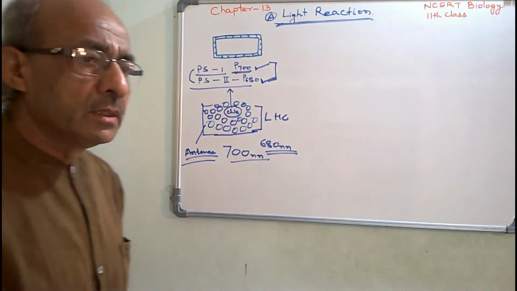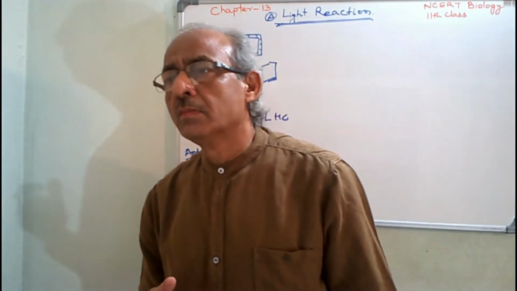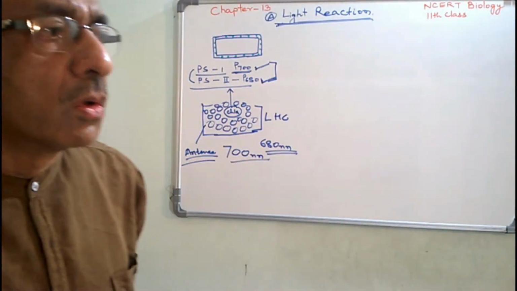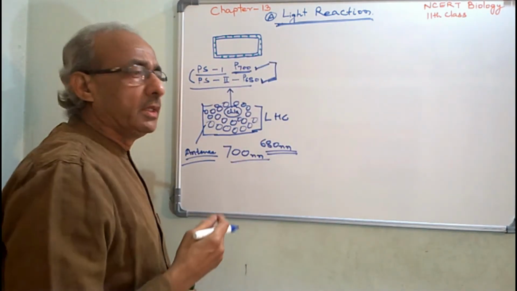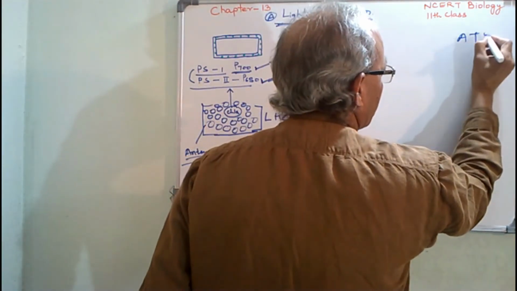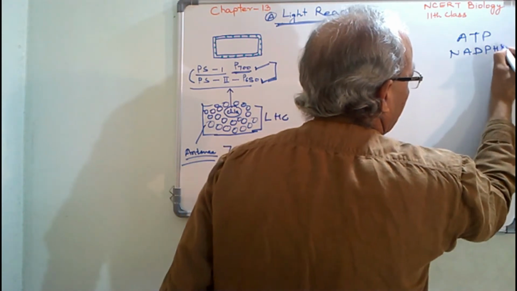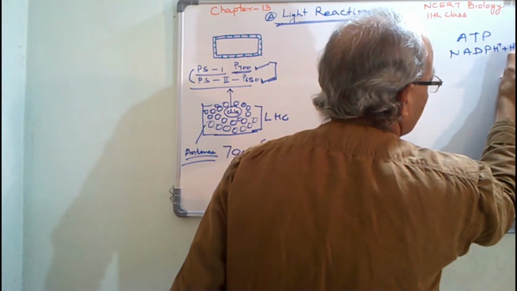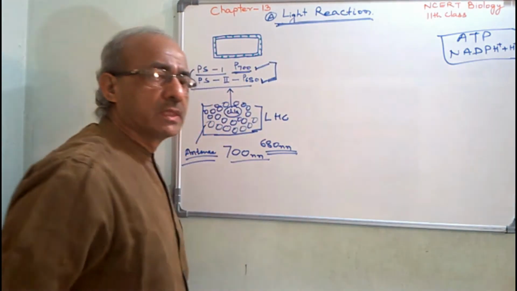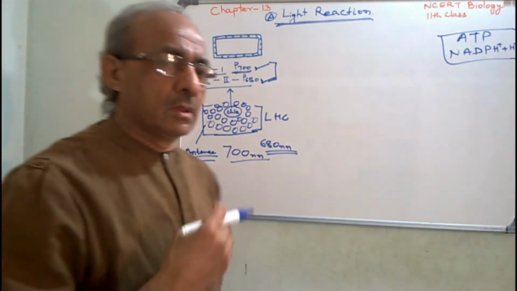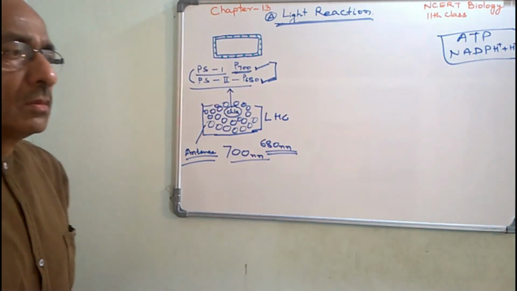High energy chemical intermediates are the main goal of the light reaction, because high energy chemical intermediates like ATP and NADPH plus H are responsible for biosynthesis of carbohydrate in stroma of chloroplast.